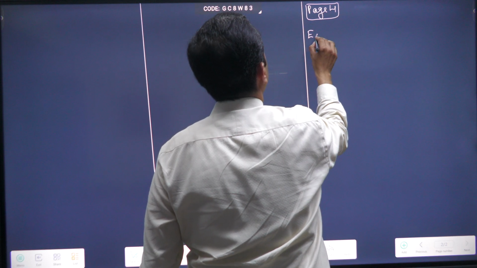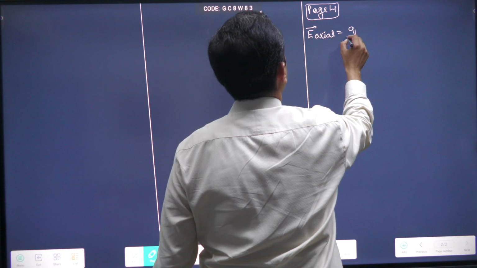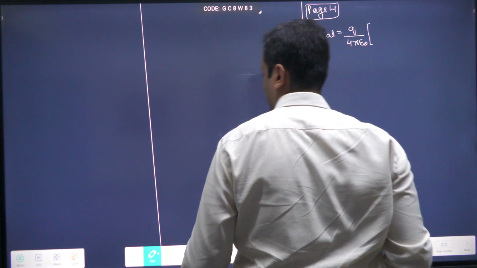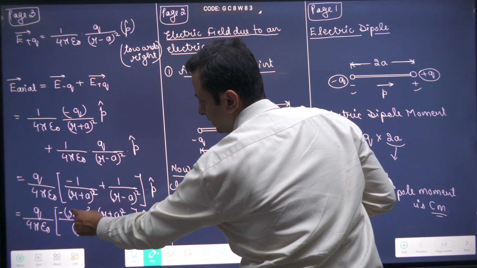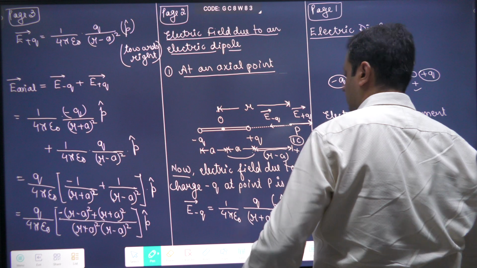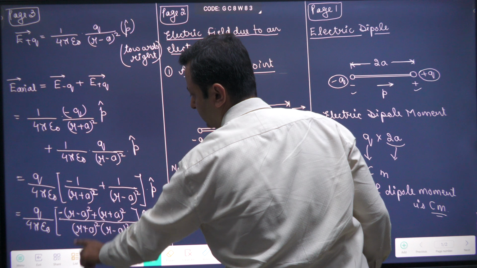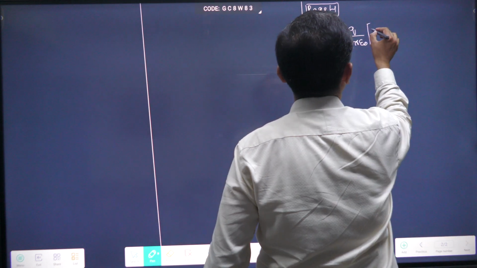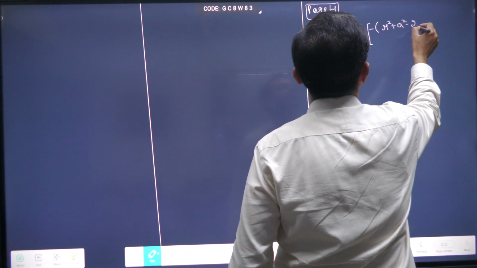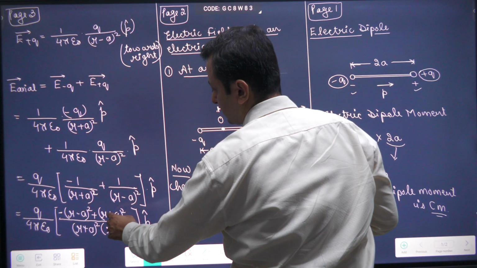So E axial is equal to Q upon 4 pi epsilon naught, minus (R minus A) whole square. Let us expand this (R minus A) whole square, keeping the negative sign outside the bracket: R square plus A square minus 2RA, plus (R plus A) whole square.